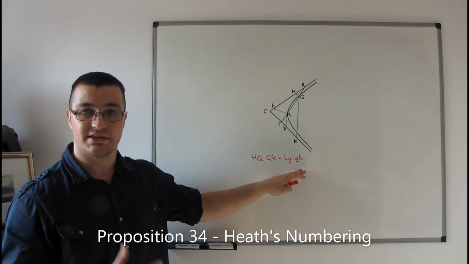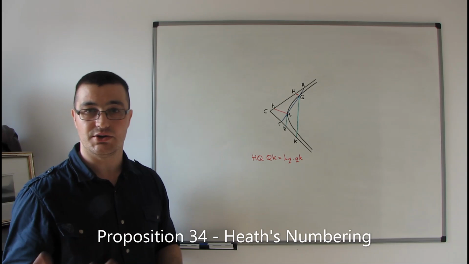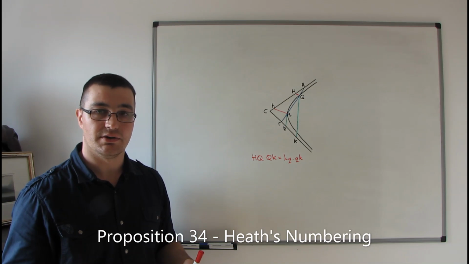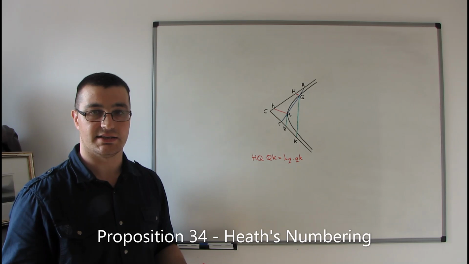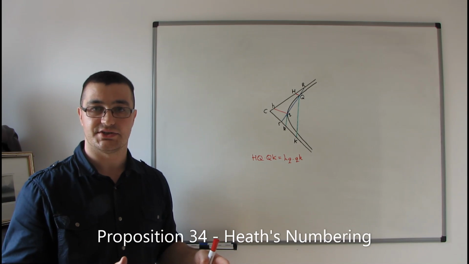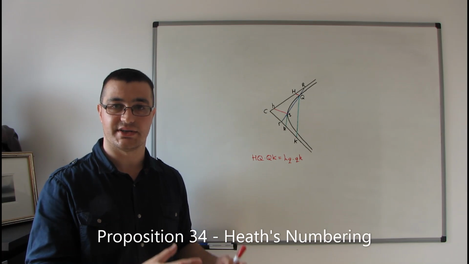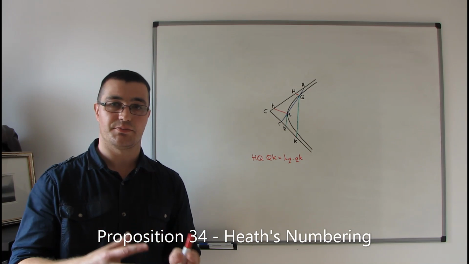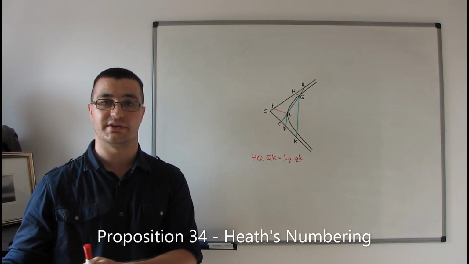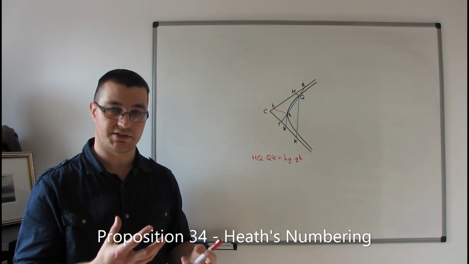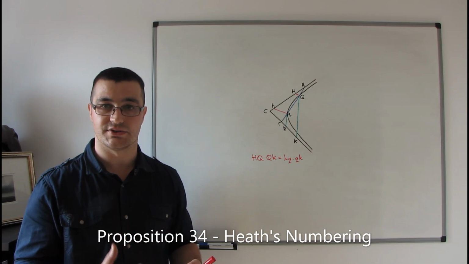Despite its simplicity, don't be under any illusions that it's not a useful proposition. One thing when you read Apollonius is that you soon realise that all of the propositions that are included are either included because they're used in the proofs of propositions further down the line, or they are in and of themselves a substantial, significant result.